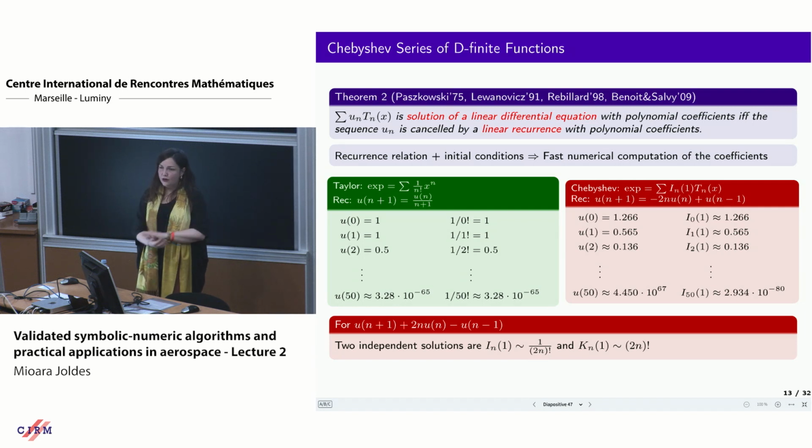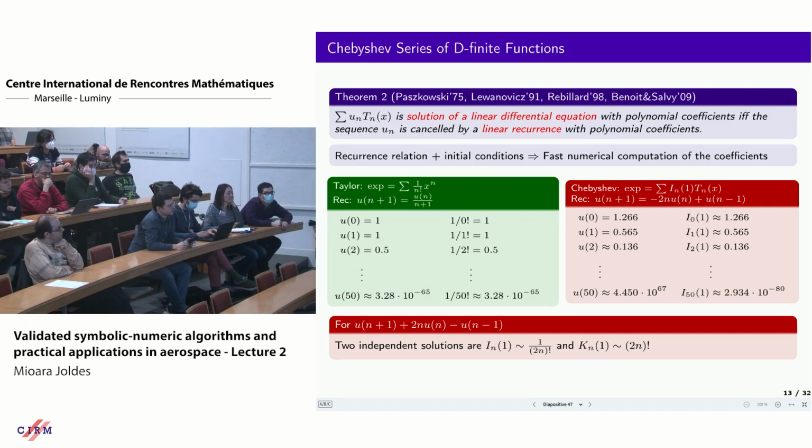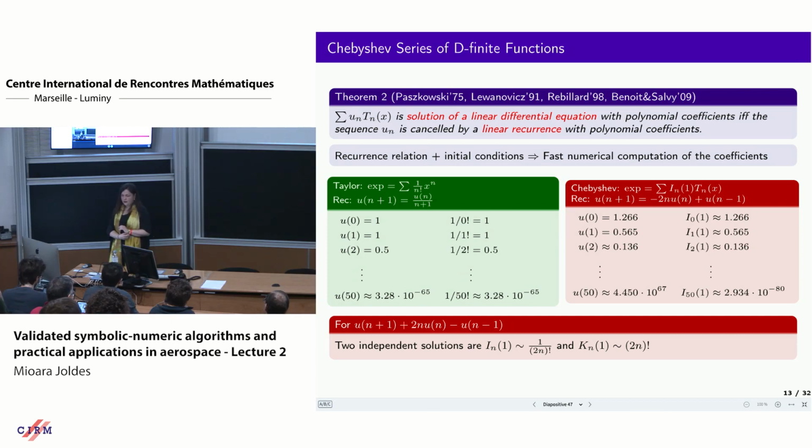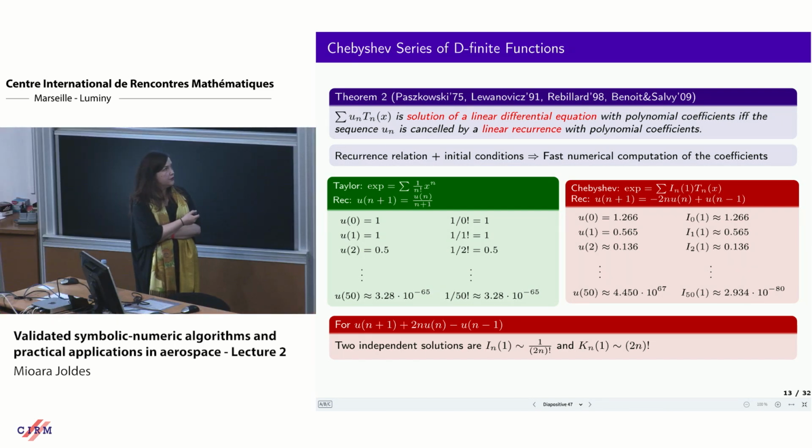Yes, so I will have a lot of properties that will help choose from the basis of solutions which one is the good one. So in this case, for instance, a solution to be able to solve this problem, at least numerically, is to say, okay, if when I unroll forward my recurrence, I will go to this divergent one.